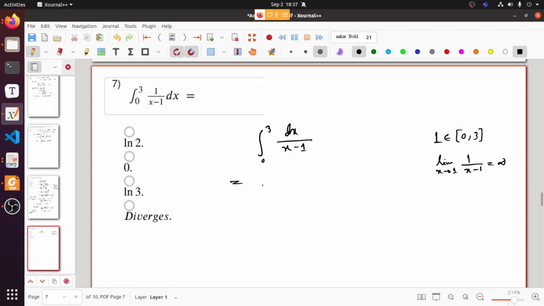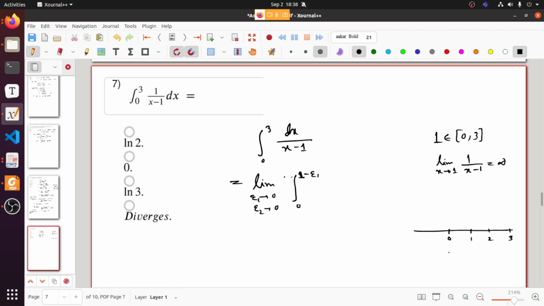So to do this, you write it with epsilon 1 tends to 0 and epsilon 2 tends to 0. So how do you do it? From 0 to 1 minus epsilon 1. If you look at the curve, this is 0, 1, 2, 3.